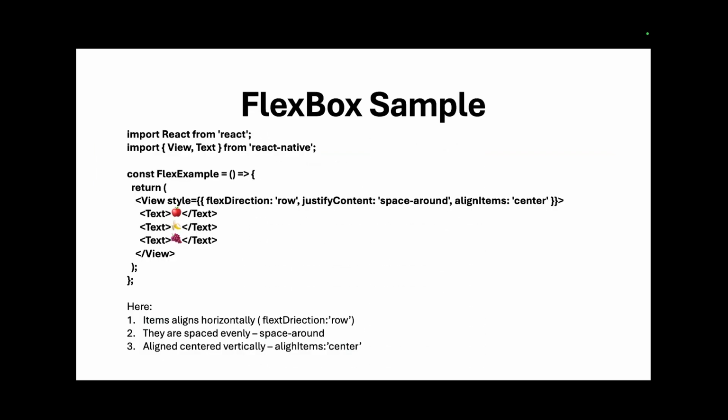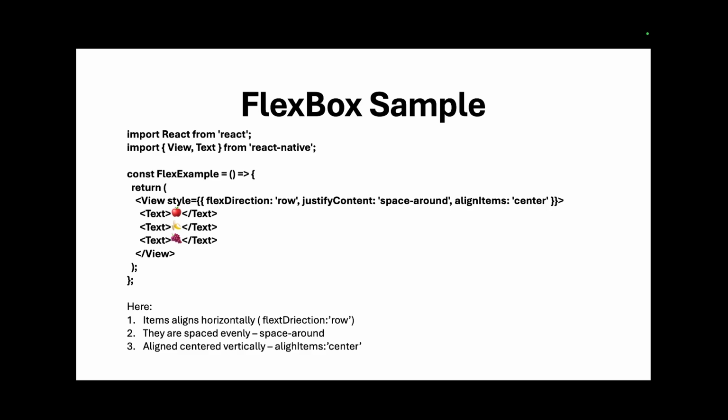So this is an example of how we need to use FlexBox. In the view, the flex direction is row, so all the content of the elements of your container will display in a row. There is an apple, banana and grapes that will display on one line horizontally.